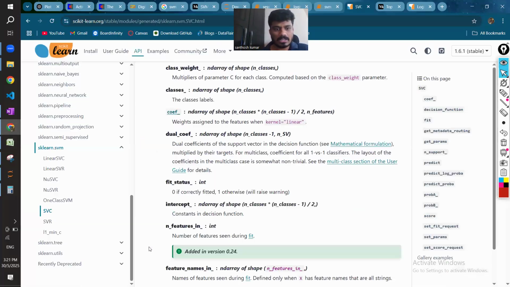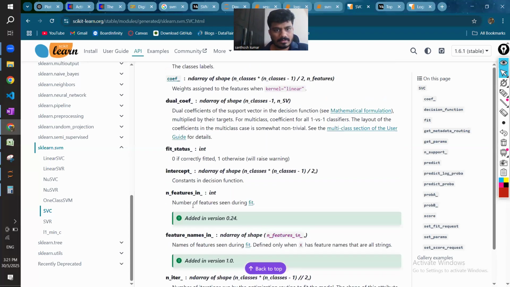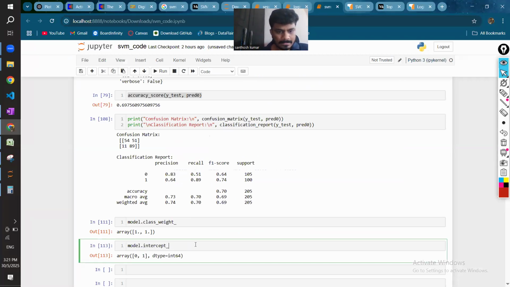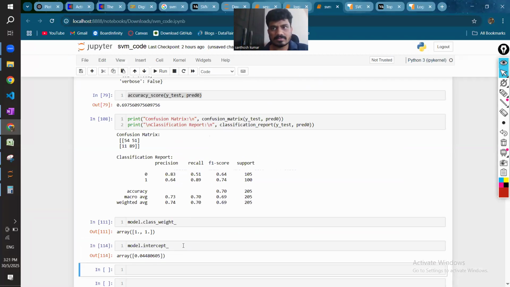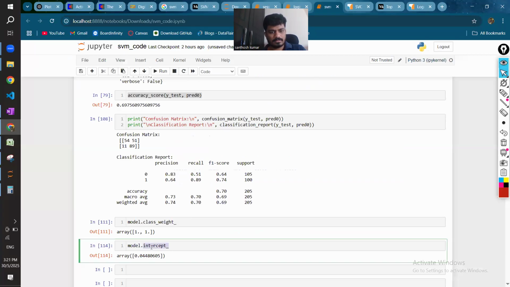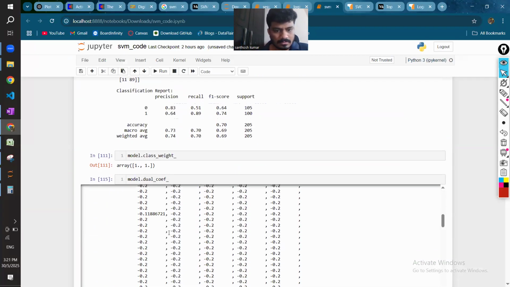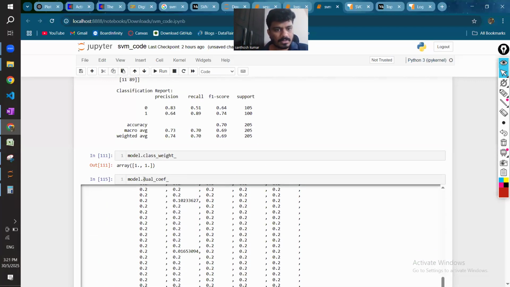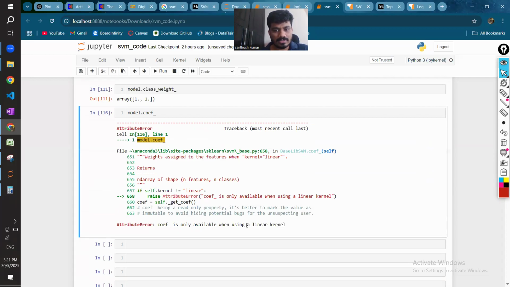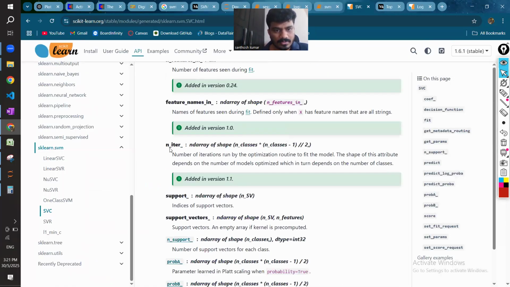There are two classes. Are we having the intercept? Yes, this is an intercept. What is this coefficient? This is only available with a linear kernel, it seems.